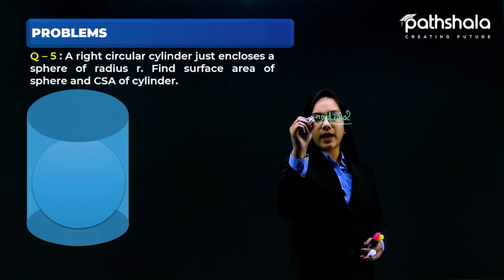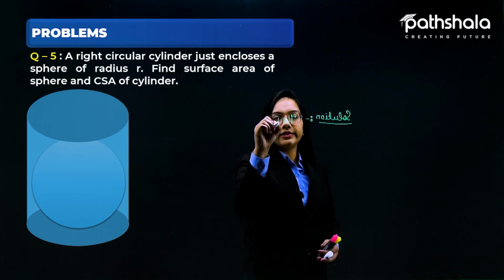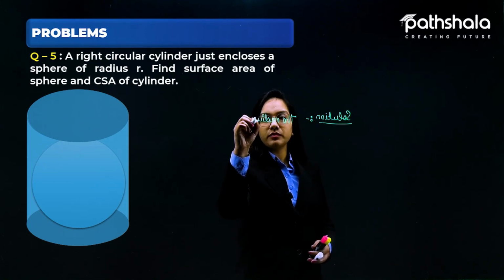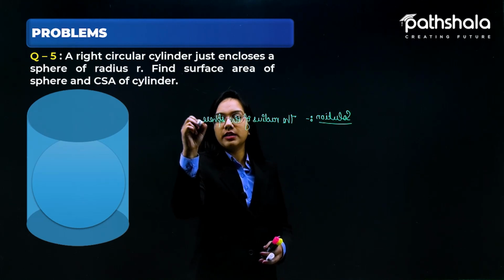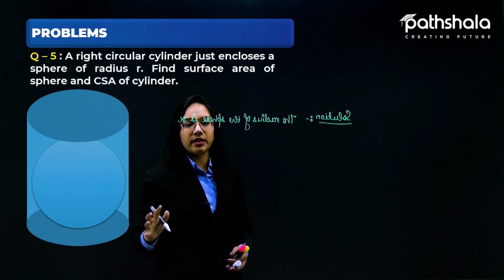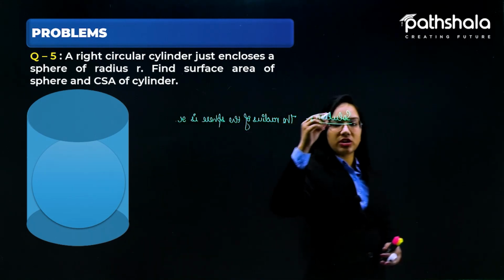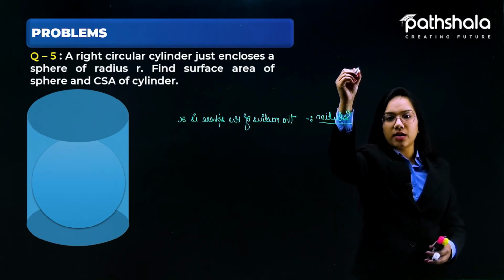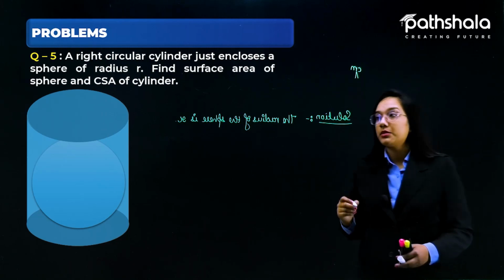First of all, as per the given question, the radius of the sphere is r. It is already given to us that the radius of the sphere is nothing but r. Let us suppose I am taking it as r centimeters. The unit I am taking here is centimeters.